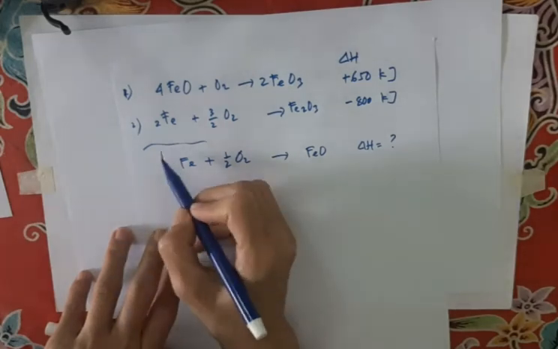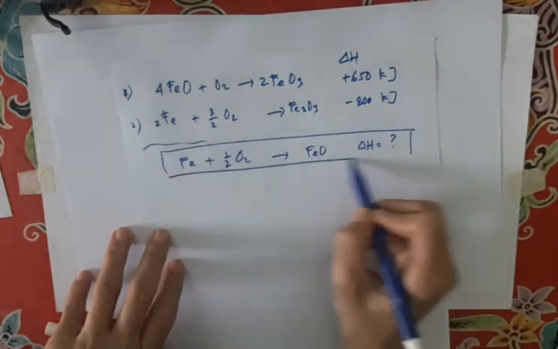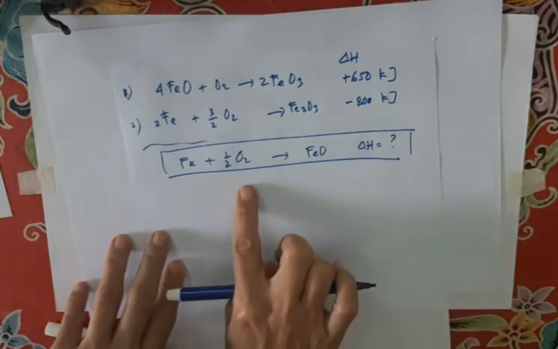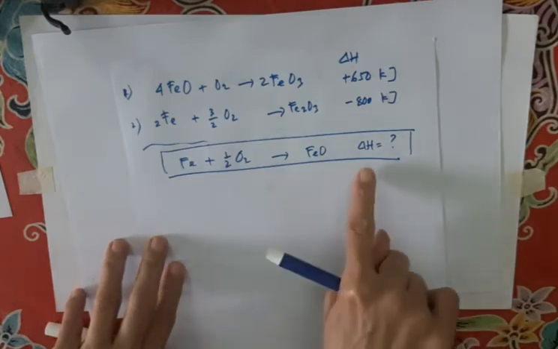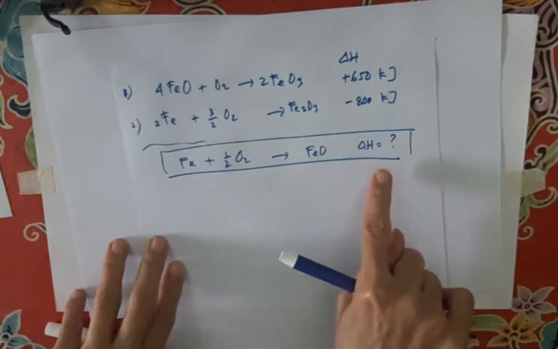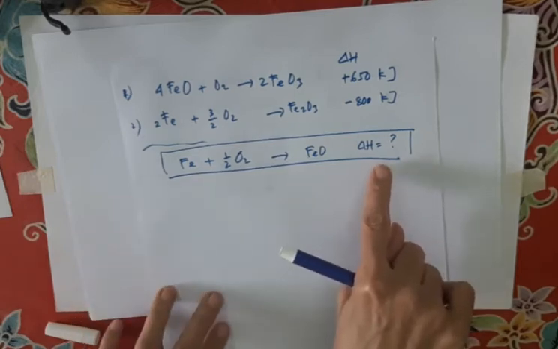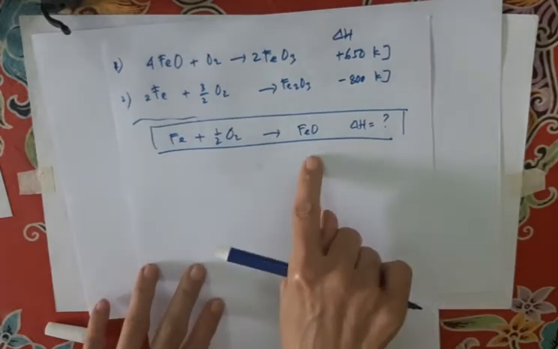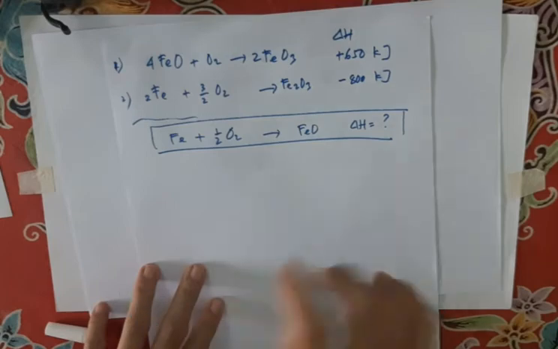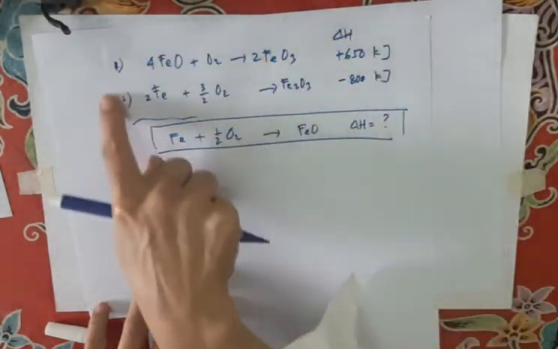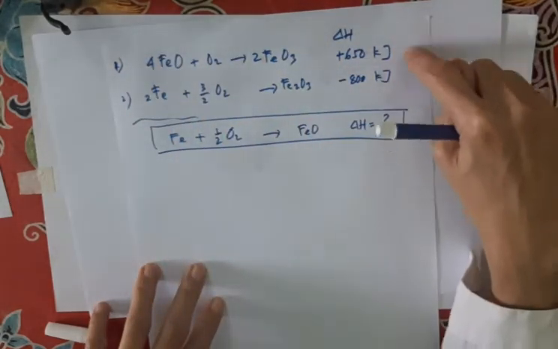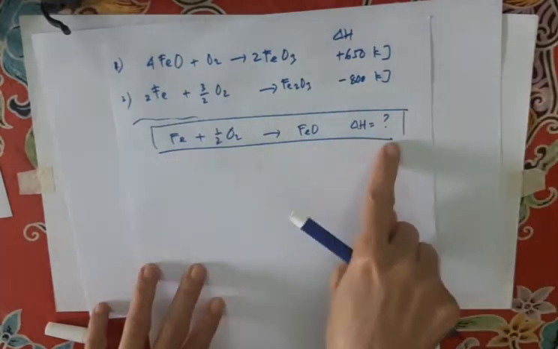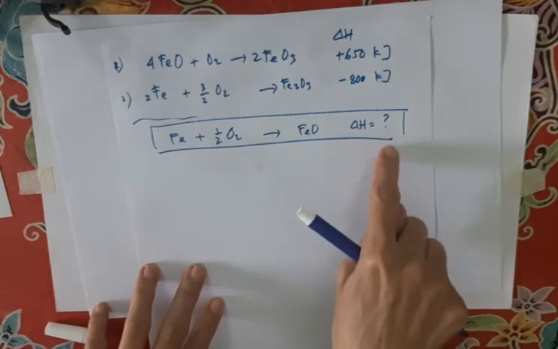Our focus now is this equation, the thermochemical equation with the unknown enthalpy change. Yeah, this is our focus. So we must modify these two equations. So the final equation will be this, our focus.